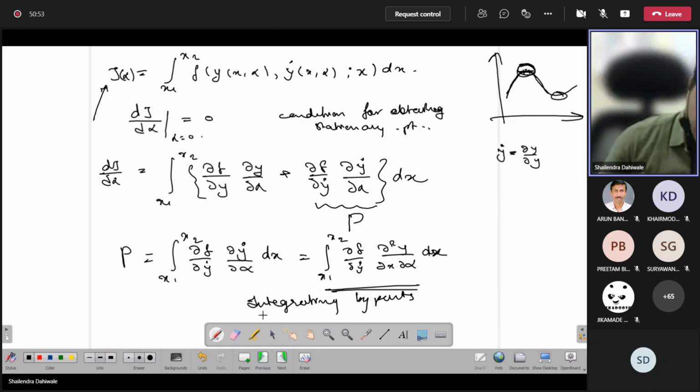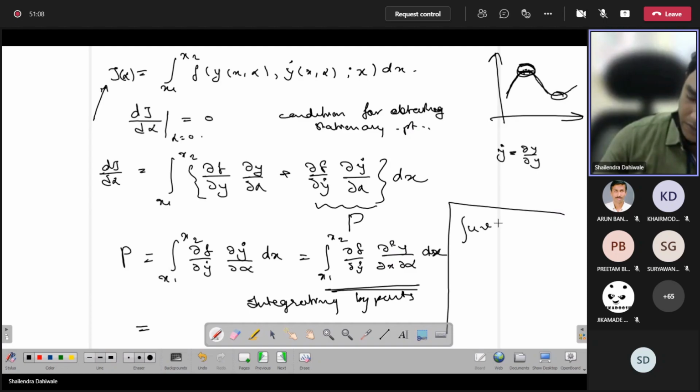So if I do that, what do you have? If I take the integration of uv dx, you will have u times the integration of v dx, and then minus the integration of the derivative of u, du by dx, times the integration of v dx, and dx.